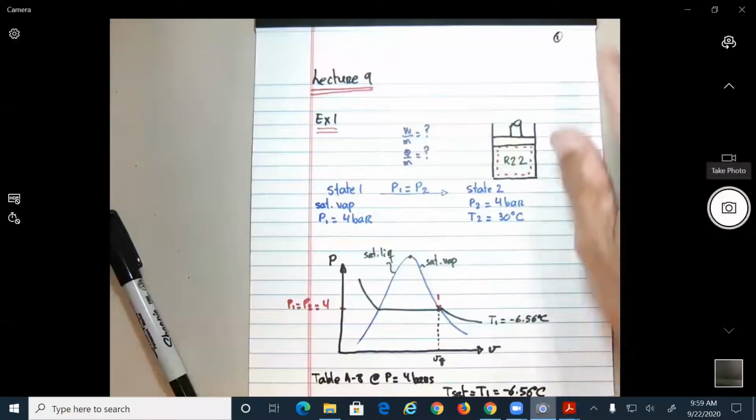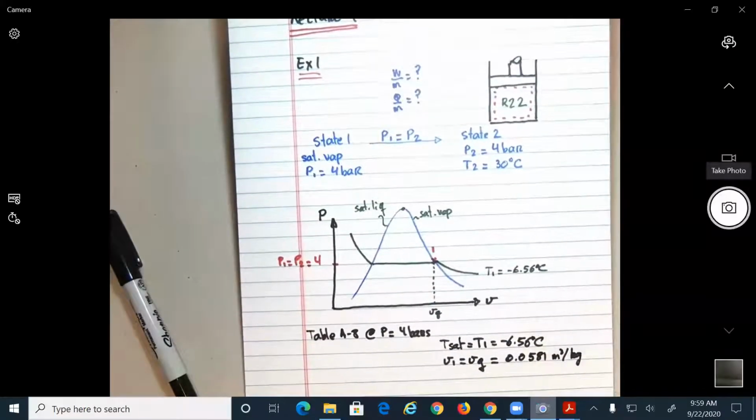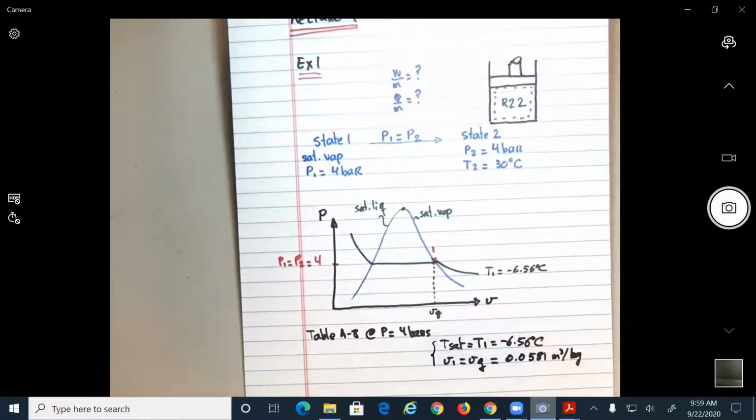Basically, what I did is just write that information from table A8. We find that T saturation was minus 6.56 and that V1 is equal to 0.0581. Okay, we need more information from here, but we do it again.